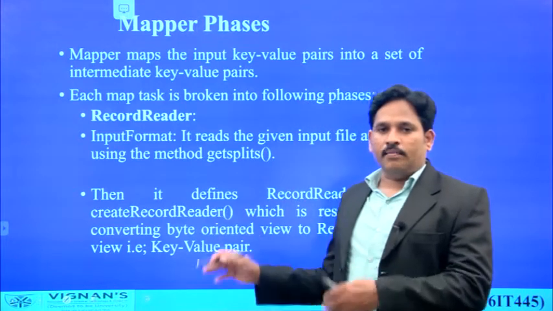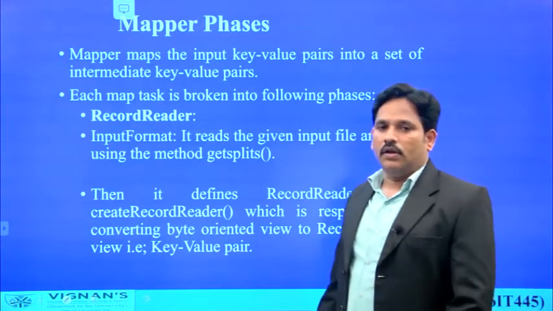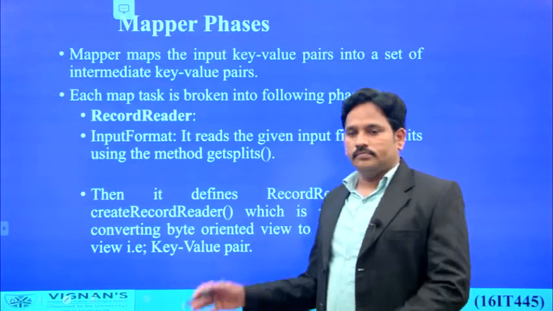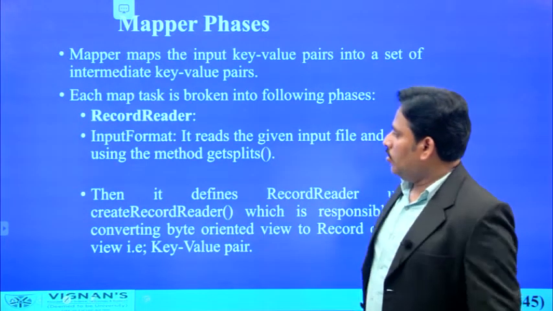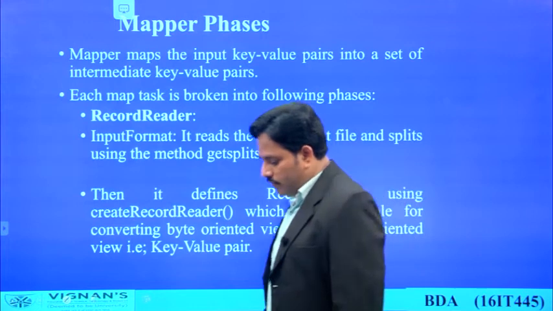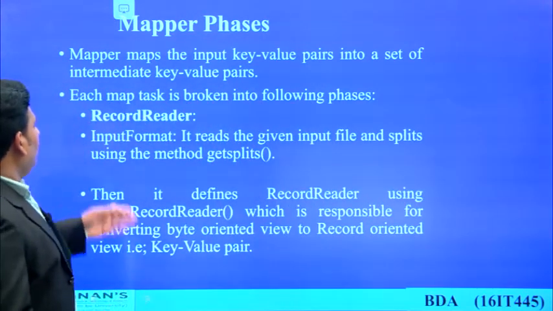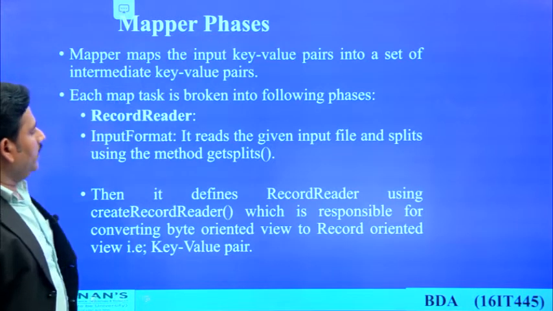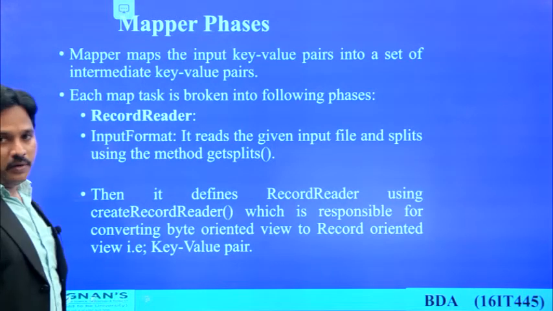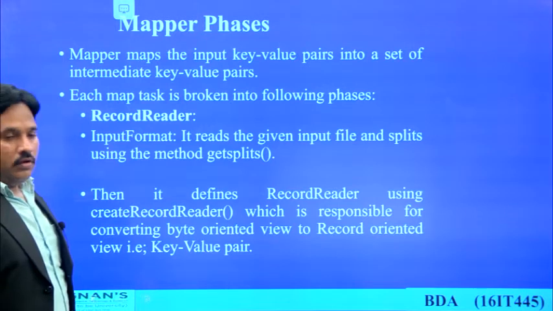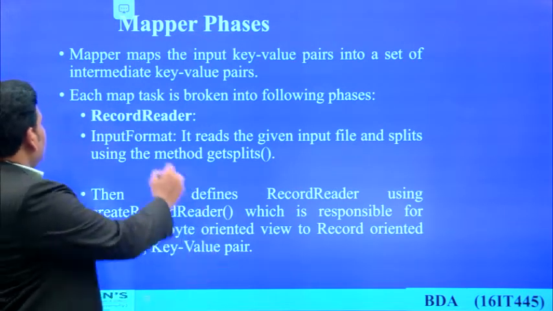As we saw earlier, mapper has 4 blocks, like record reader. Now how this record reader is going to work, we will see with some functions. Record reader will read each and every input file and split the data. The first activity of mapper is record reader.